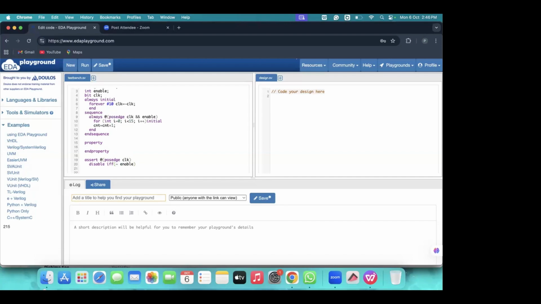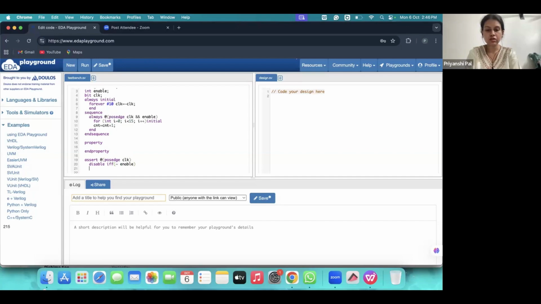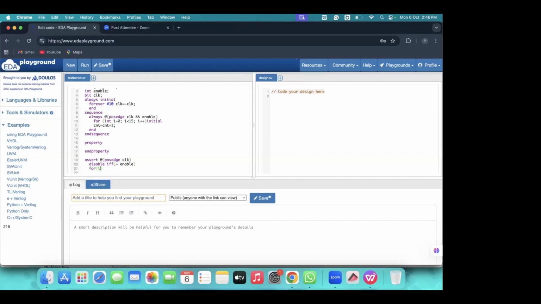And here you can write the condition of CNT. It should be less than or equal to 4'd15.